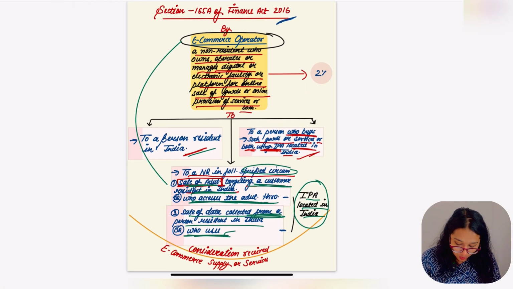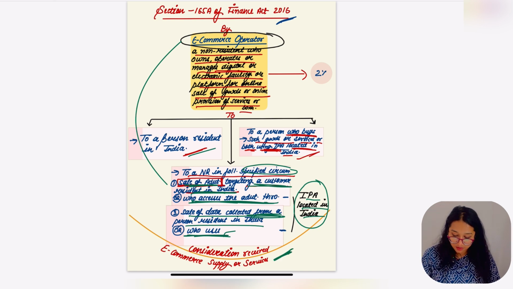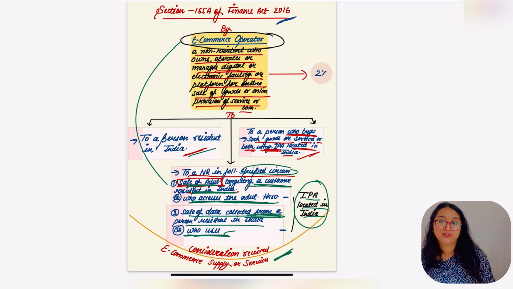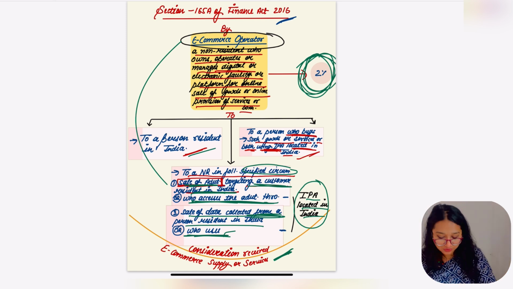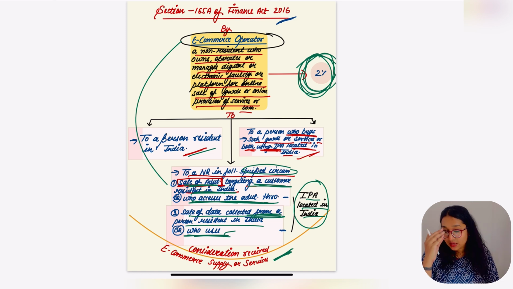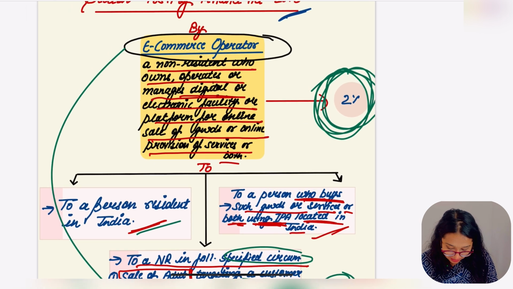Now the equalization levy is going to be imposed on the consideration received for e-commerce supply or services at the rate of 2%. Earlier it was 6% in 165, in 165A it is 2%. Now who is going to pay the equalization levy of 2% of consideration received through e-commerce supply or services?